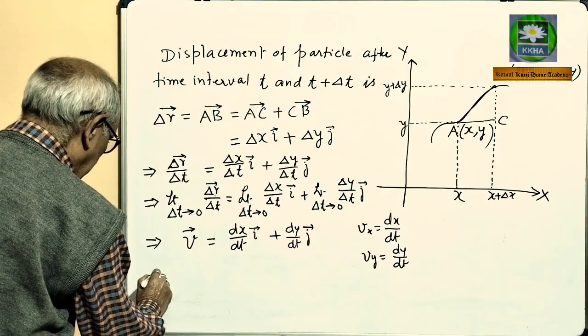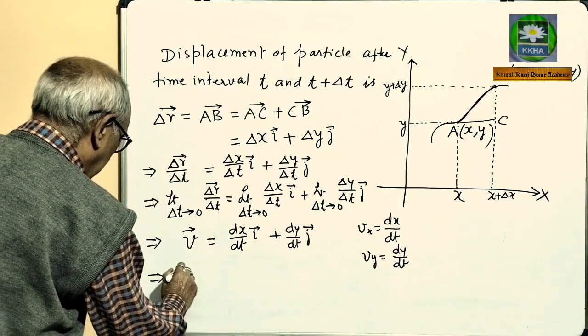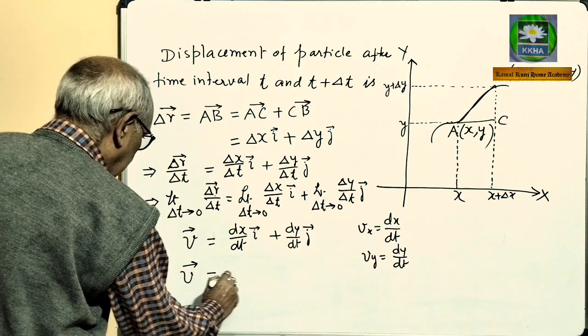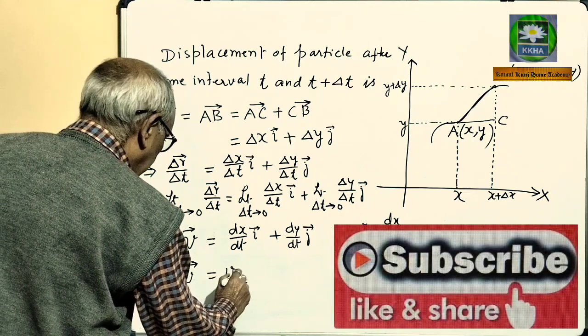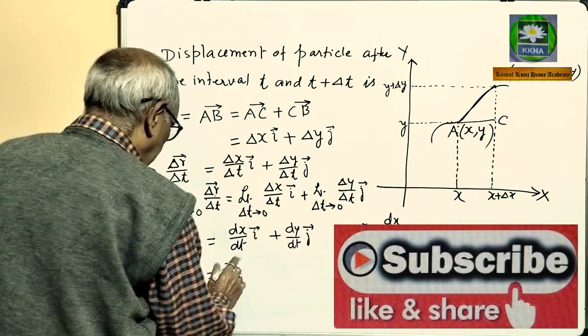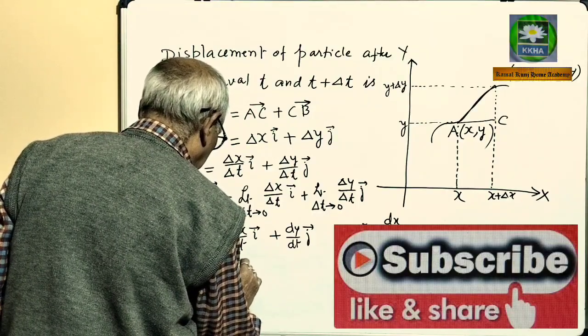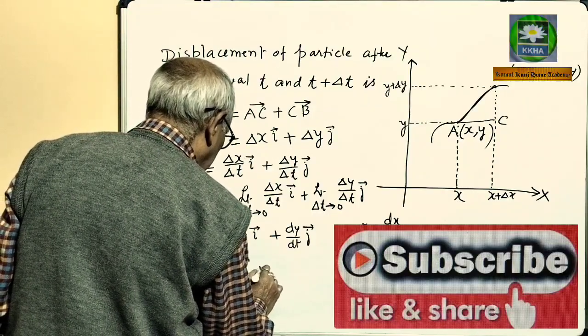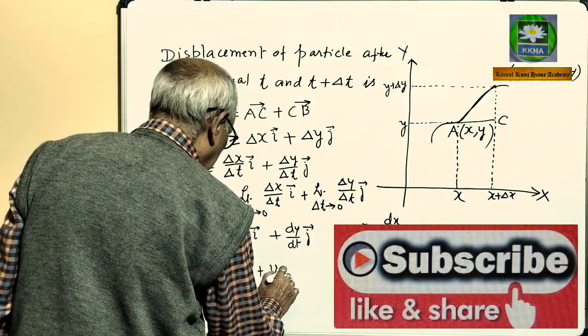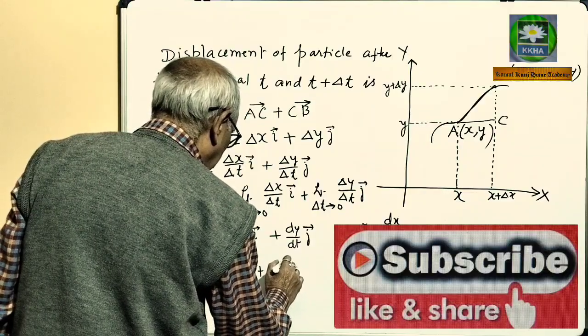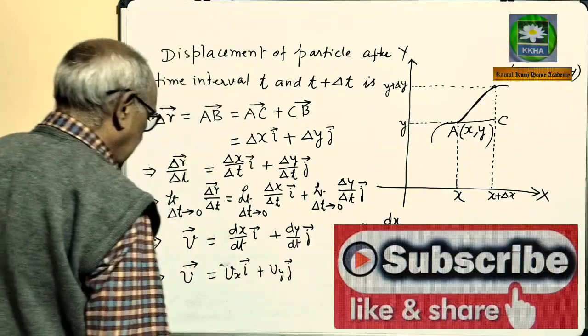This implies that v is equal to Vx i plus Vy unit vector j.